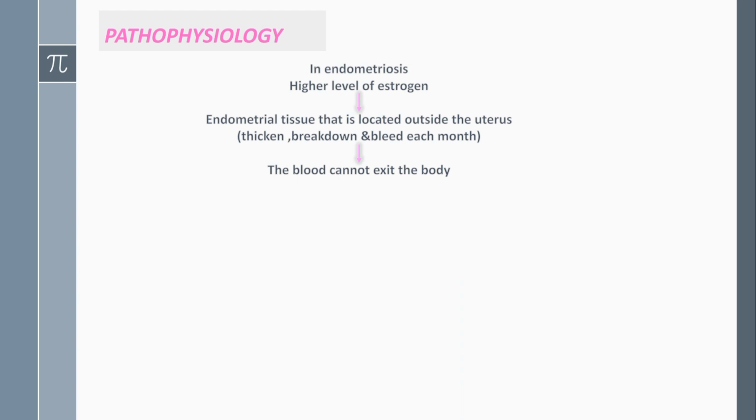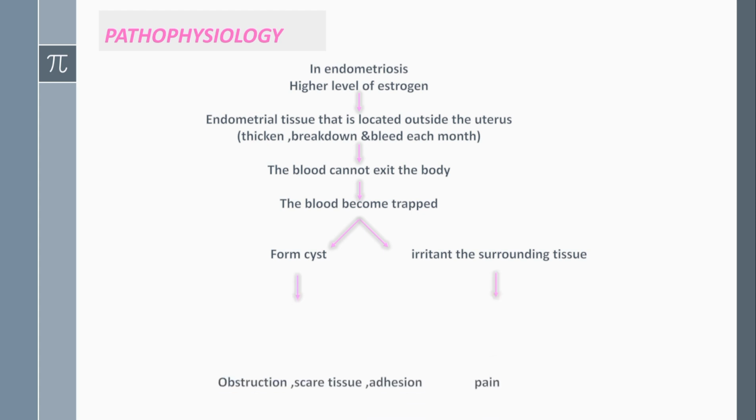And so the blood cannot exit the body and becomes trapped. This leads to cyst formation or may cause irritation of the surrounding tissue. If it causes irritation to the surrounding tissue, it may lead to pain. Or the formation of a cyst may lead to obstruction, scar tissue, and adhesions, and this may cause infertility.